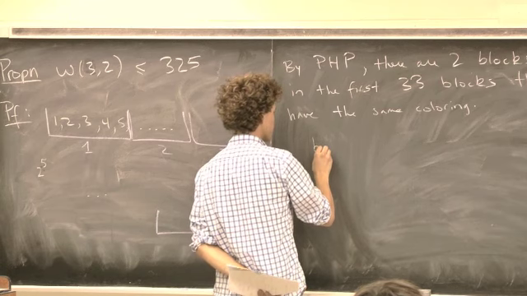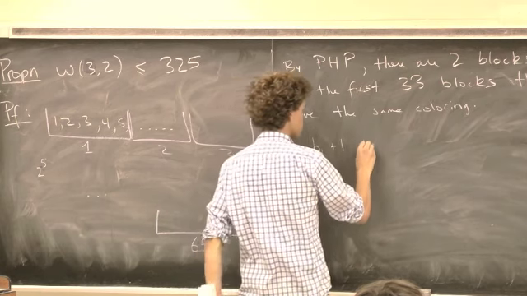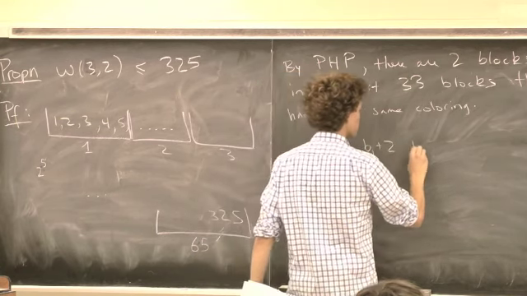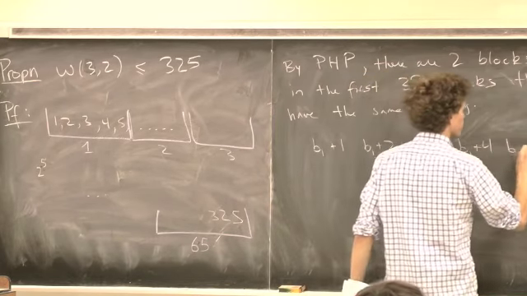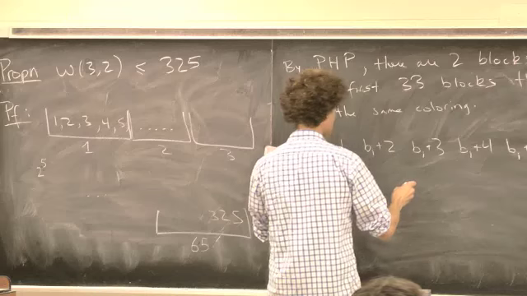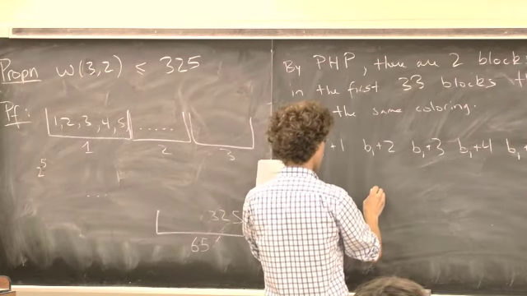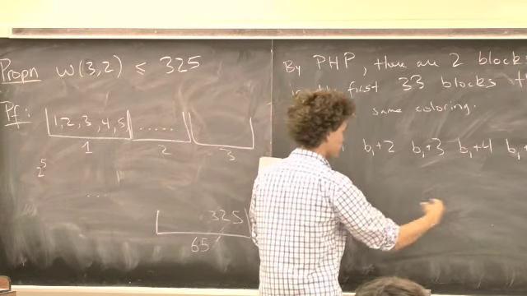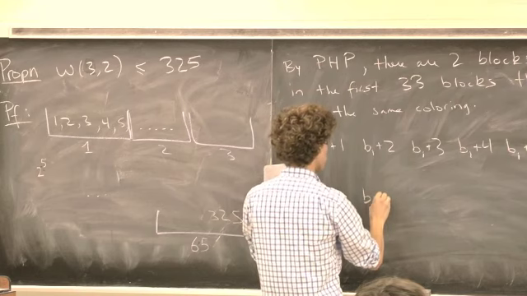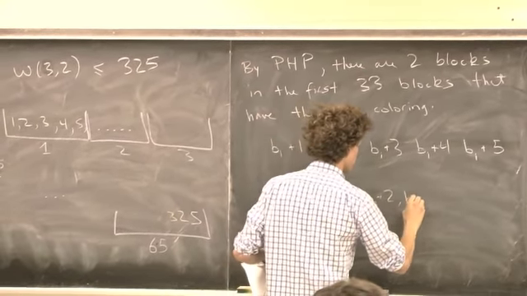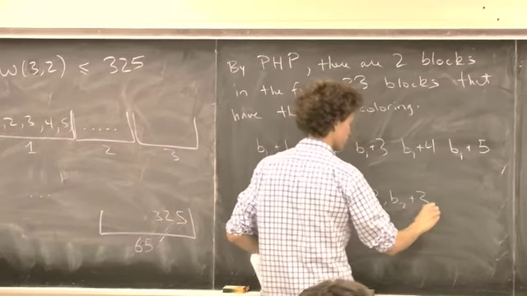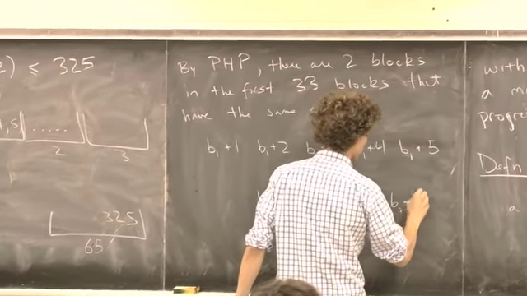Let's say it's b1 plus 1, b1 plus 2, b1 plus 3, b1 plus 4, b1 plus 5. That's the first block. And then the second block, somewhere down the line, b2 plus 1, b2 plus 2, b2 plus 3. You guessed it.